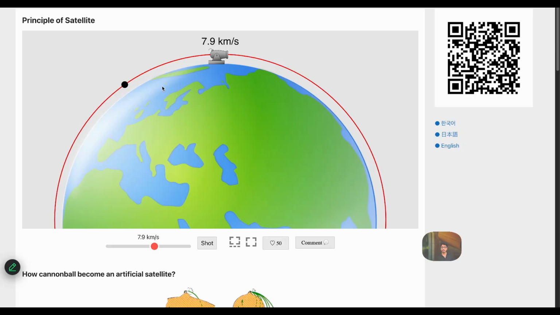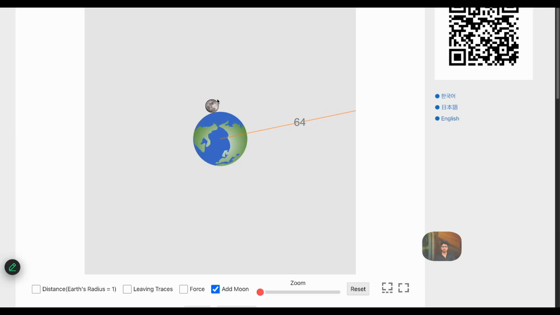Let's check this one out. Let me show you the forces so that you can get an idea. This is the gravitational force between the moon and the earth that is pulling it toward the center.